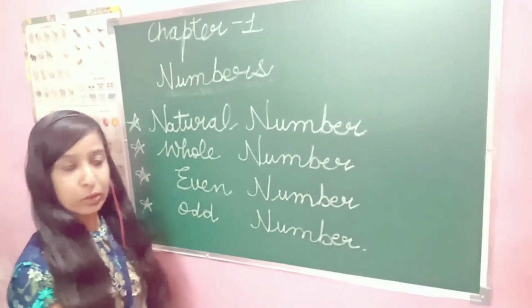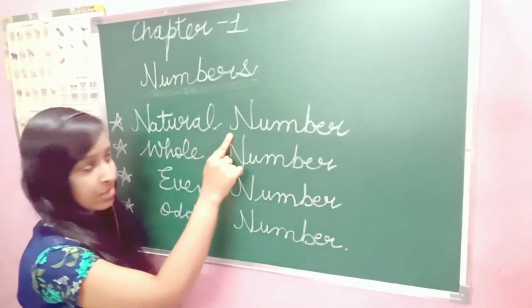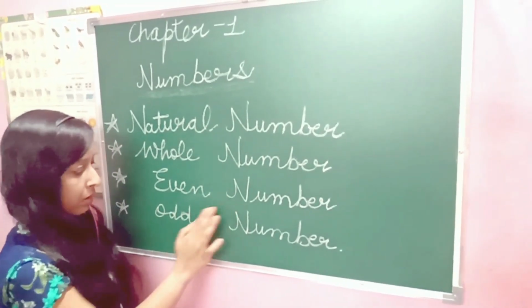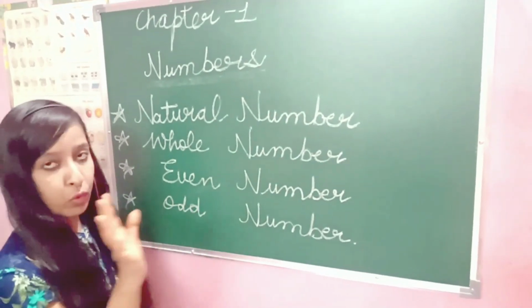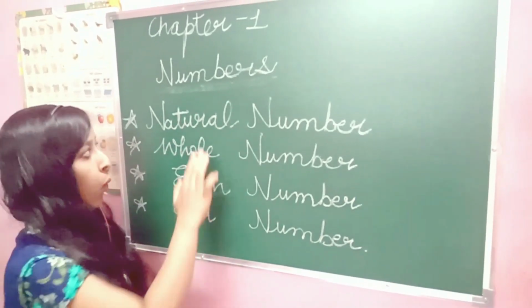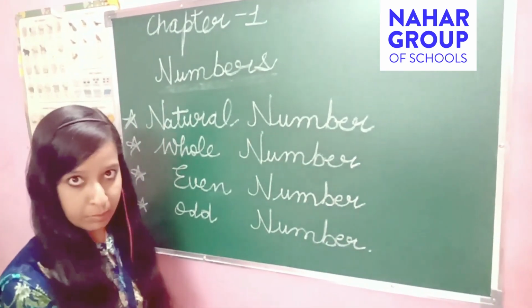Now we are going to study 4 important terms: first natural number, second whole number, third even number and fourth odd number. We are going to revise these 4 terms. You have already studied this in class 2nd. First is natural number. A natural number is any counting number.